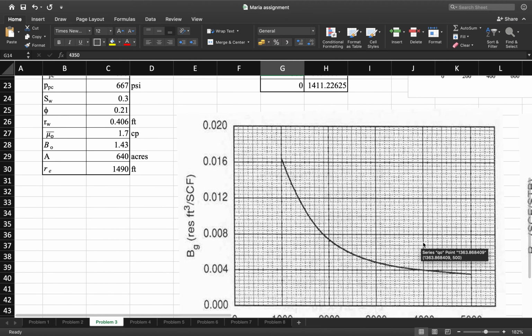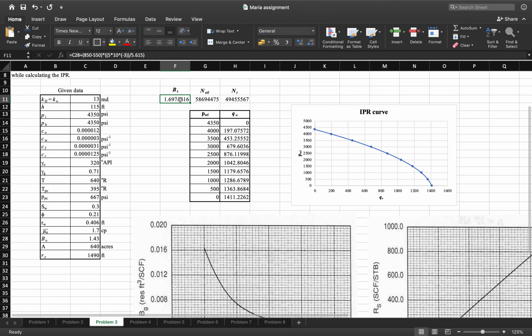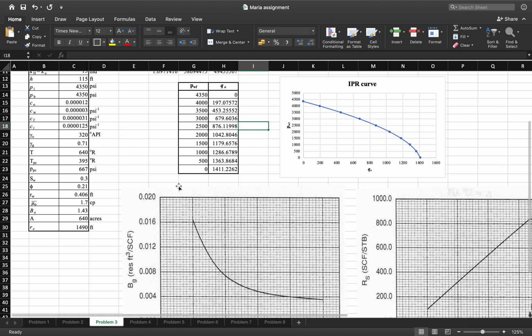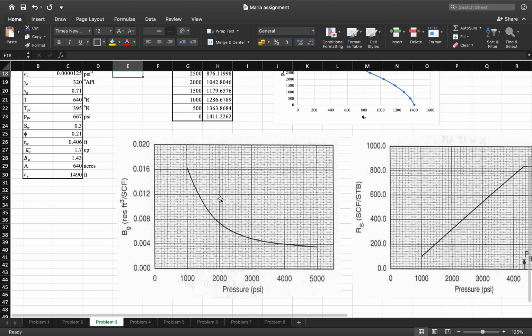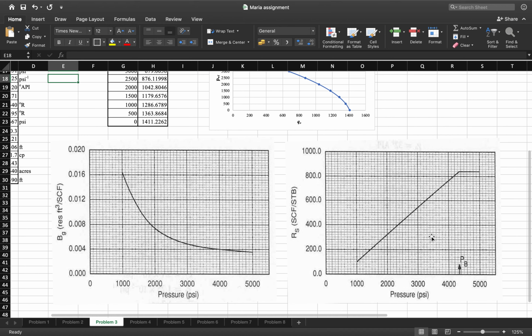I want to explain one more thing. In order to calculate Bt and Rs here, you already have the table in the lecture of Miss Mary, and you have the pressure. You have the initial pressure here, so from this one you draw a line and you can get the Bg here, and also the Rs.